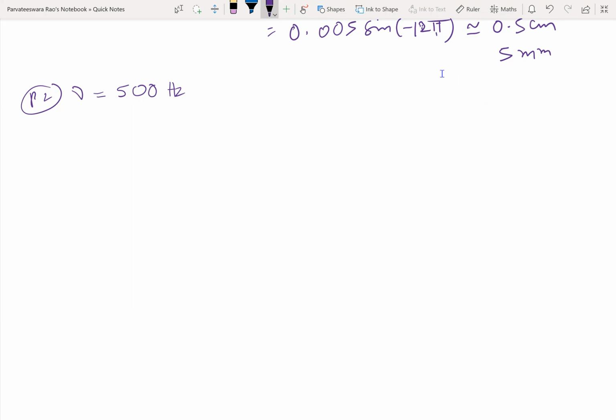So a progressive wave of frequency 500 hertz is traveling with a velocity of 360 meters second inverse.